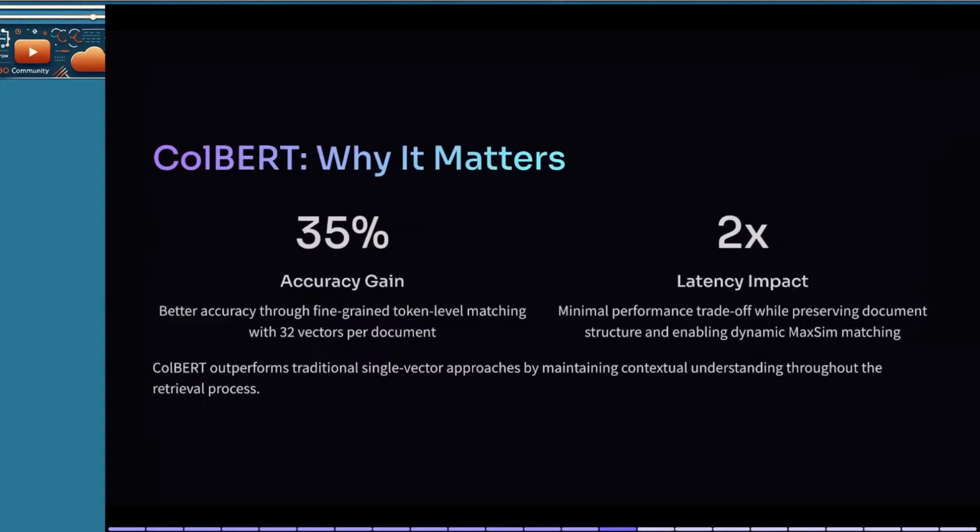But it led to a considerable performance benefit, because rather than one embedding trying to represent a whole chunk, we are focusing on minute details and letting the model focus on specific things.